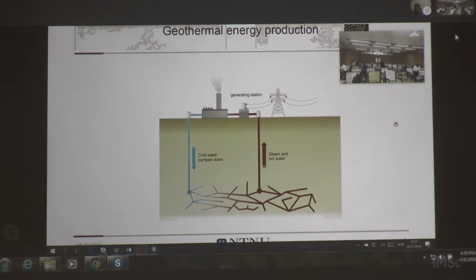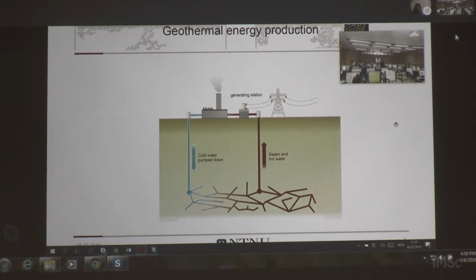So the cold water should go through those areas, and then we will get back hot water or steam that can be used to generate some electricity. But you can see that we need to create a very nice flow channel inside the rock. And for that purpose, we need to create fractures.